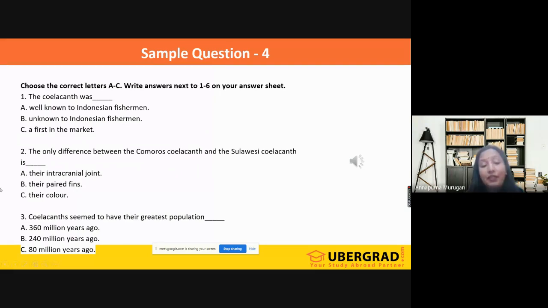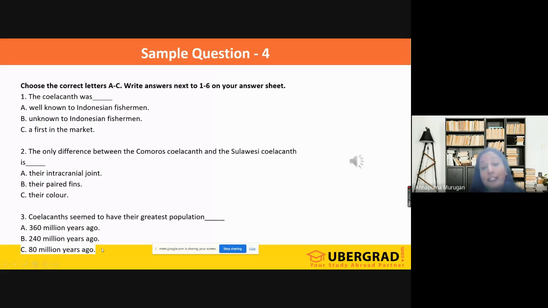But they had common features: intracranial joints, a vertebral column, and paired fins. Sulawesi was brown, and the Comoros one was something greenish, isn't it? That is what they are saying. And the Comoros seemed to have the greatest population. So they gave all the years here.